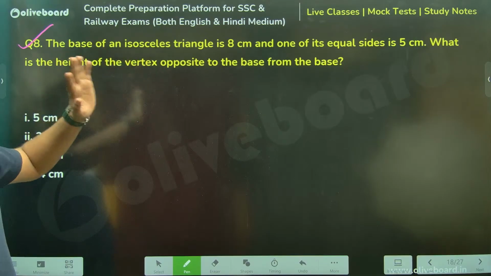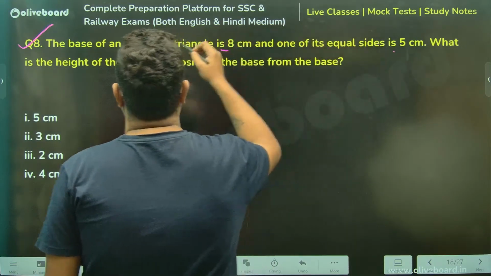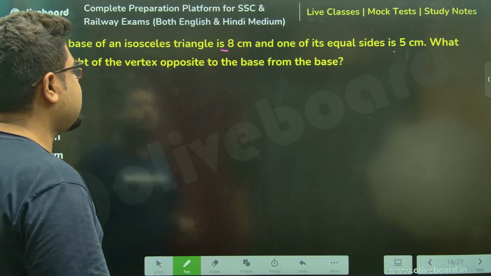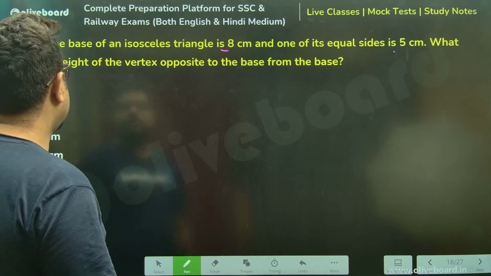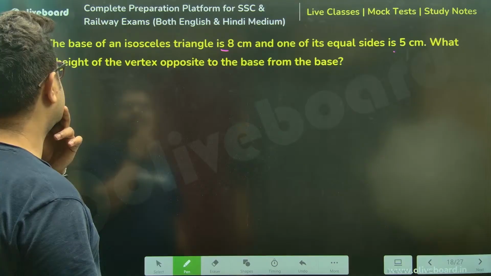The base of an isosceles triangle is this, and one of the equal sides is this. Height of the vertex opposite to the base from the base.